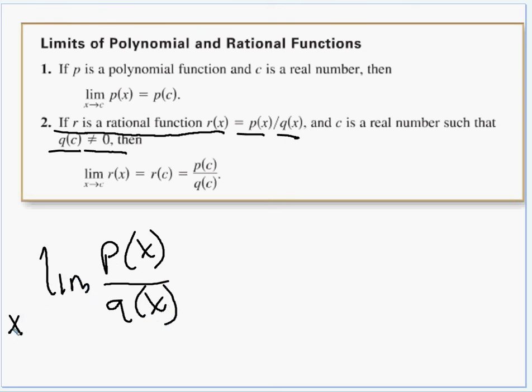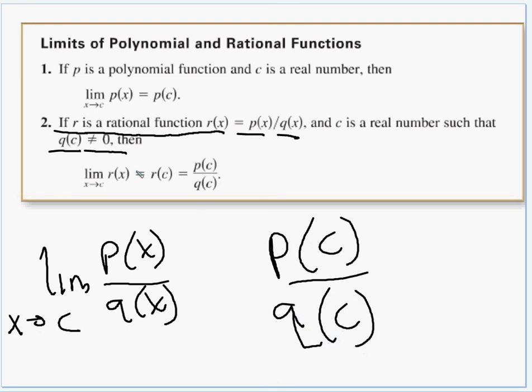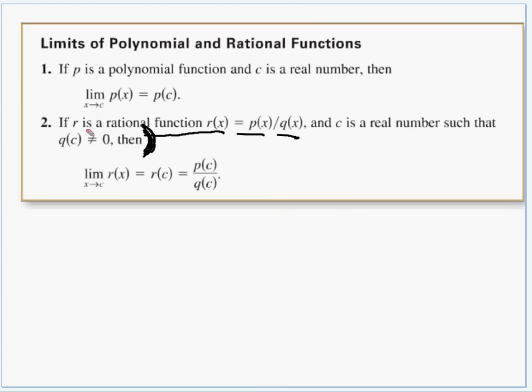So the limit as we approach some value c, we would direct sub in. That's going to be p of c over q of c, provided here that q of c is non-zero. We can't be dividing by 0. Other than that, direct substitution will work. So always give it a try, and if you wind up dividing by 0, we might have to try other options.